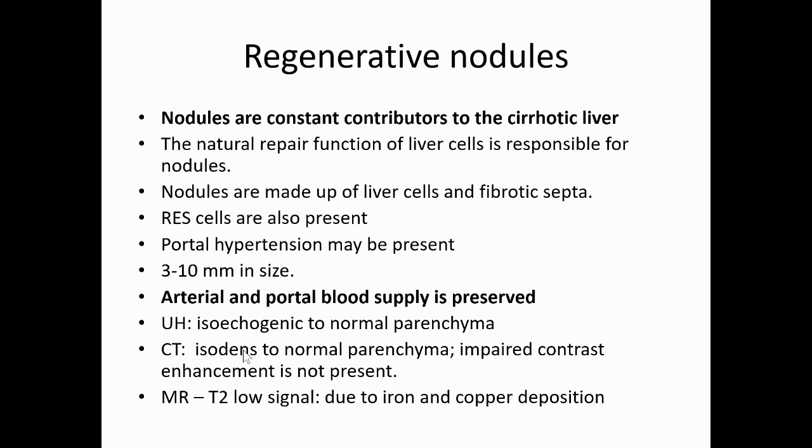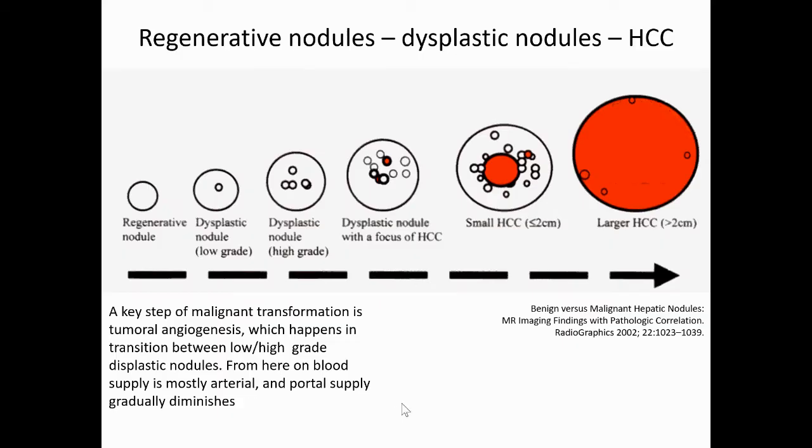Of course, if they contain iron, they can stand out, as I have shown to you before, and at MR, the presence of iron also distorts the signal, so the contrast difference is pronounced between normal and abnormal. Here is the continuum from regenerative nodule to HCC.